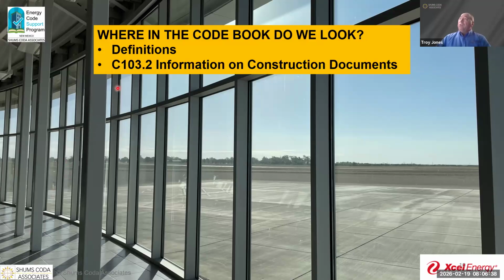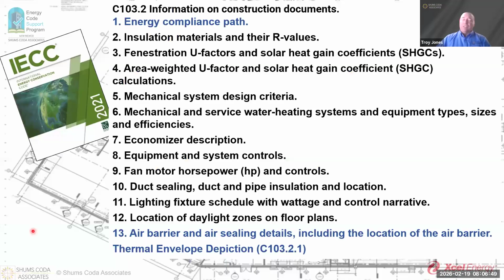So, not only do we look in the code book for the definitions, but we're going to look at 103.2 for the information on our construction documents. As you know, as an energy inspector, as an energy plans examiner, thank you, Carl. As an energy inspector, as an energy plans examiner, love this section.